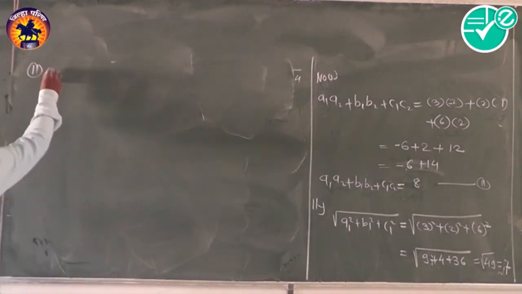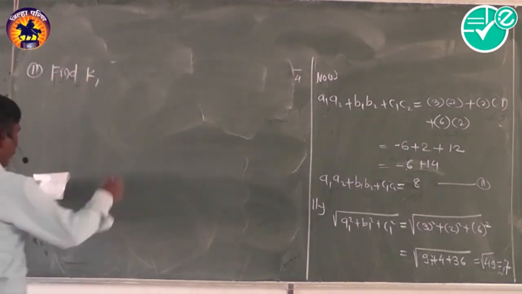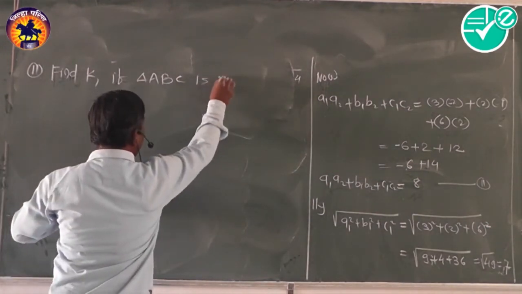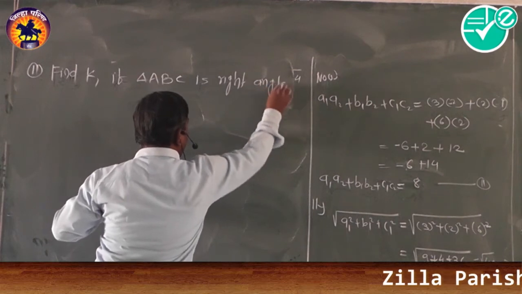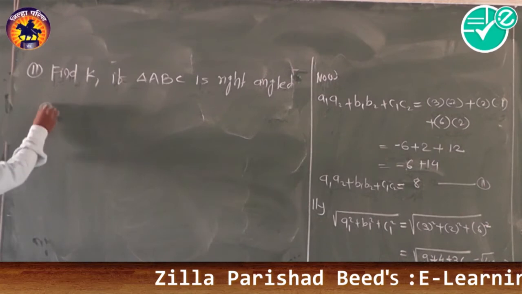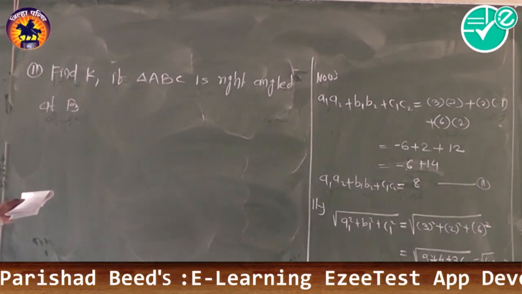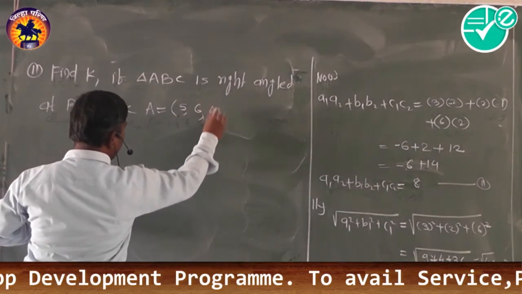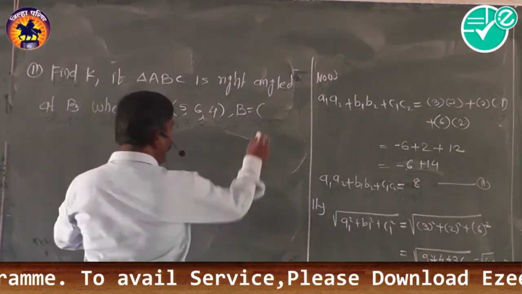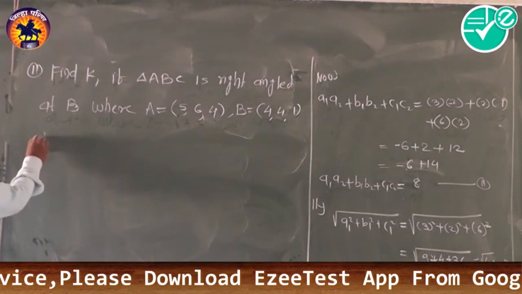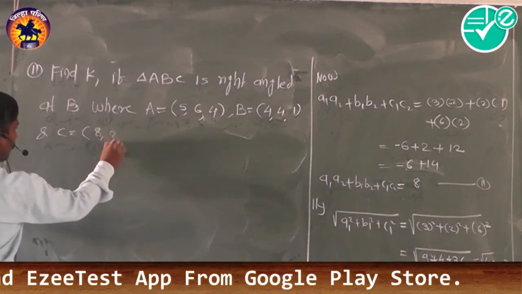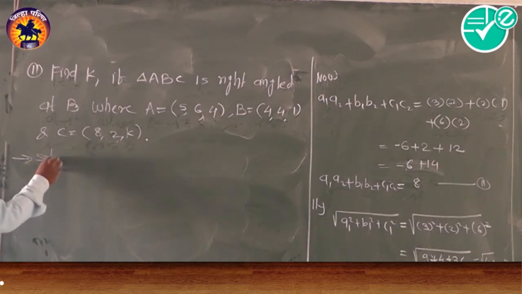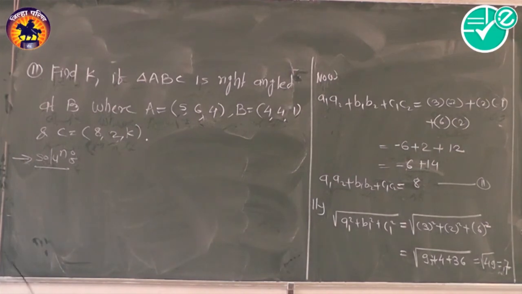Find K if triangle ABC is right angled at B, where A is 5, 6, 4, B is 4, 4, 1, and C is 8, 2, K. Now this is one of the important examples, because here we have to use the condition of perpendicular lines.